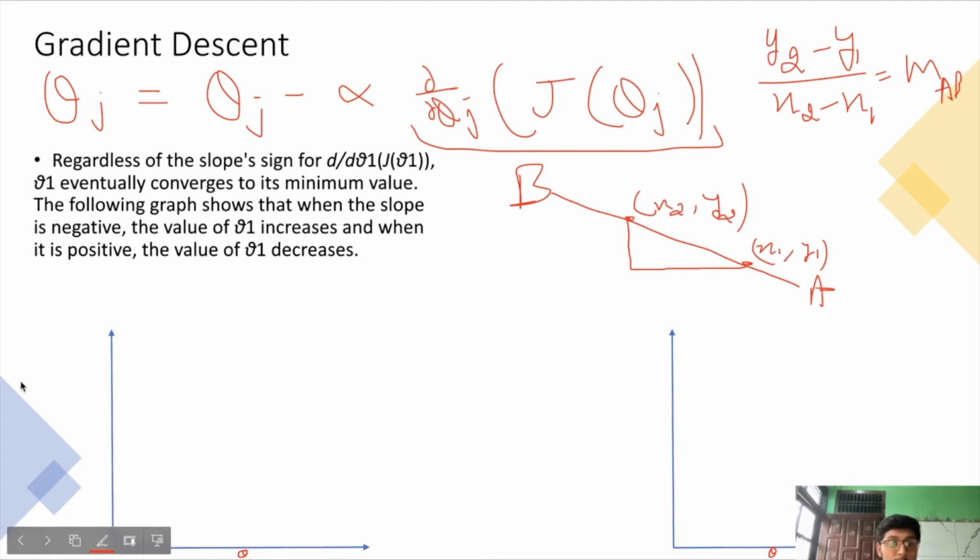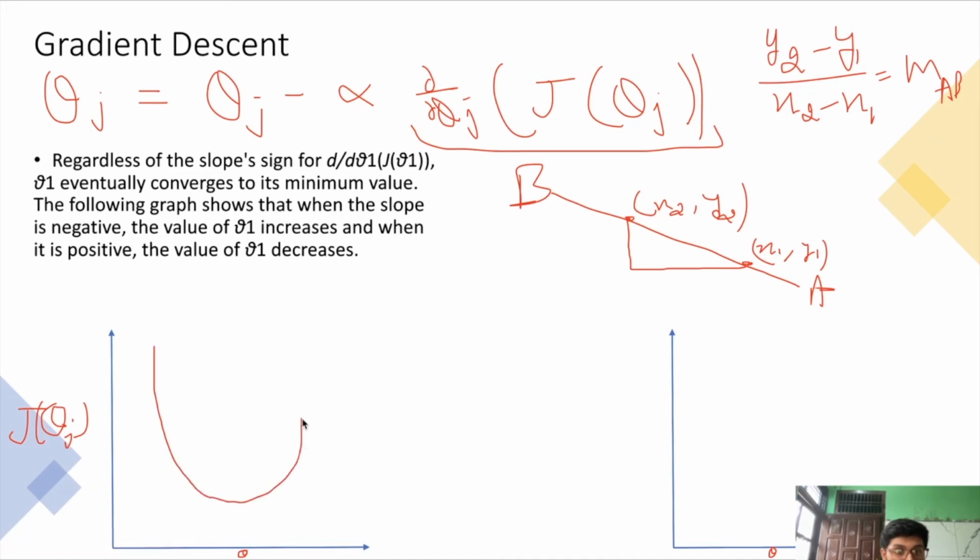And here what we do is J of theta j. So let's take an example of a parabola. Say this is our function, this is the graph which I plotted.